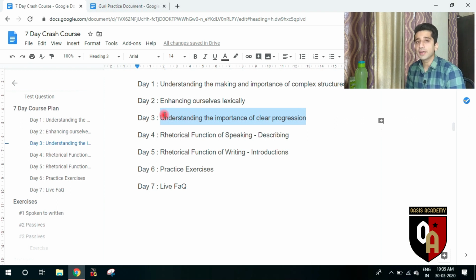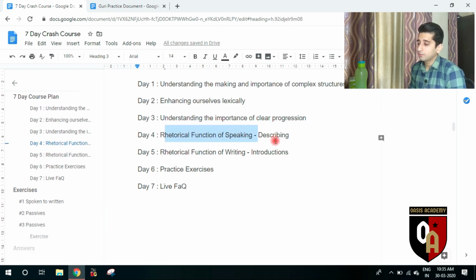Day 4 is dedicated to speaking, in which we are going to discuss the various rhetorical functions of speaking, and we will be focusing upon describing things, like what kind of vocabulary we need when we describe things, and what kind of format, or let's say what kind of order, we should follow whenever we are describing things. So it would be a very enlightening lecture.